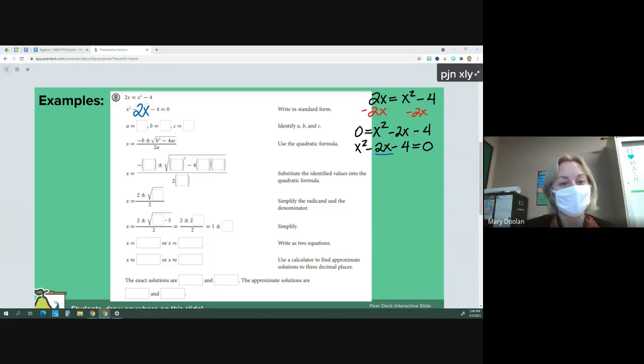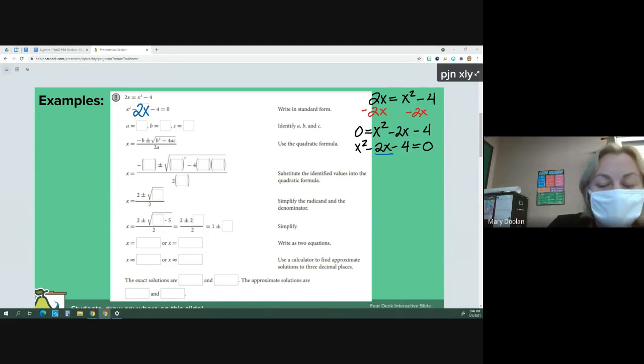Okay, now from that we can identify what's A, what's B, what's C. For A, we want to know what's in front of the x squared term. For B, we want to know what's in front of the x term. For C, what's the constant?